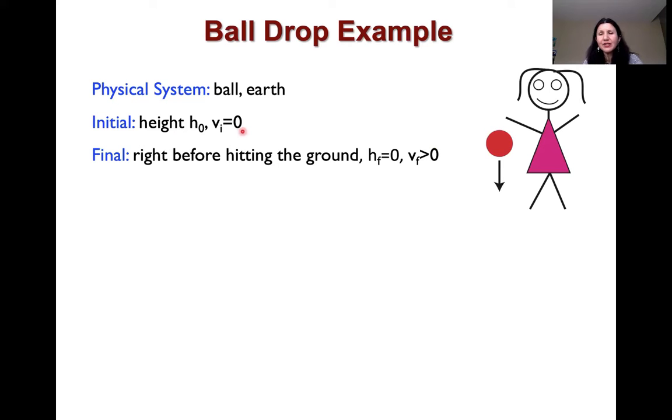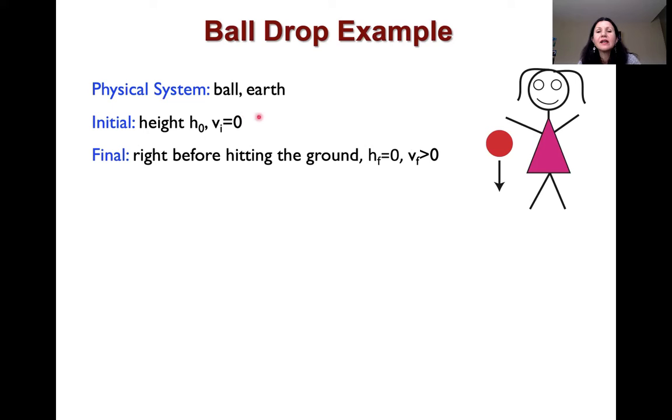So the instant you let it go, it's still not moving, that very instant. So its initial speed is 0. And let's look at the final state, or time in our interval, right before this ball hits the ground. Let's call the ground's height 0, but then the speed is not going to be 0. We very much know that this ball is going to move down and speed up.